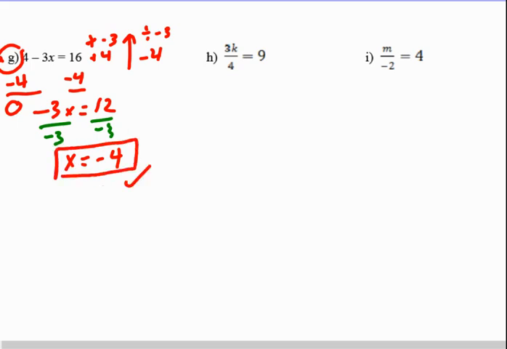Maybe someone else. So what about H? H looks a little more complicated, but might not be when you get down to it. Start off by listing your operations. So the first thing happening to the K is being multiplied by 3. The second thing happening to the variable is it's being divided by 4.